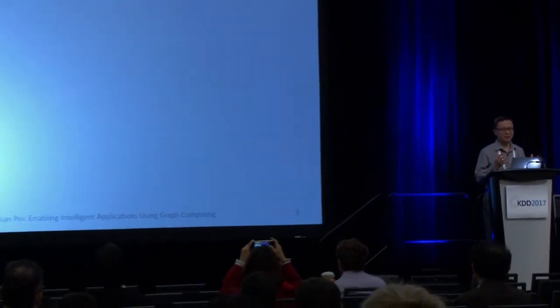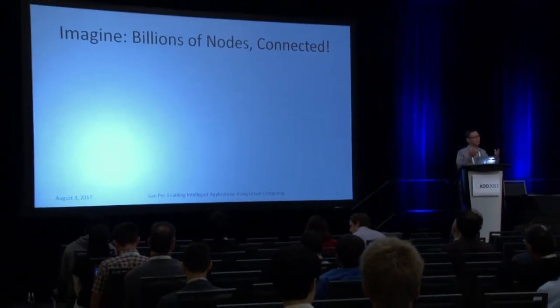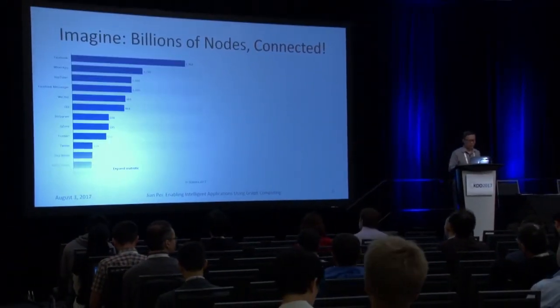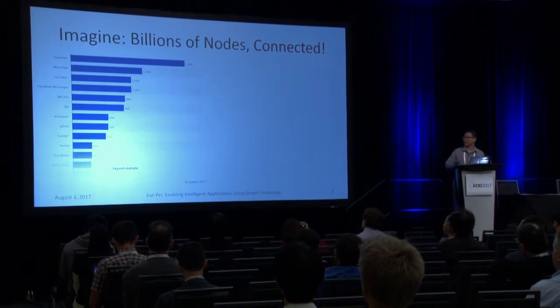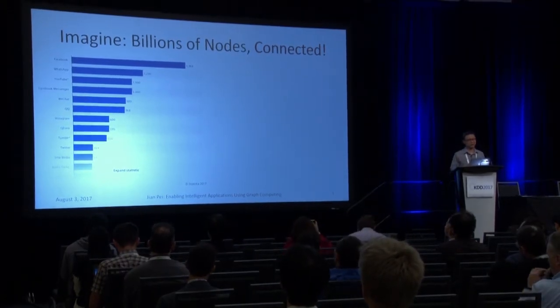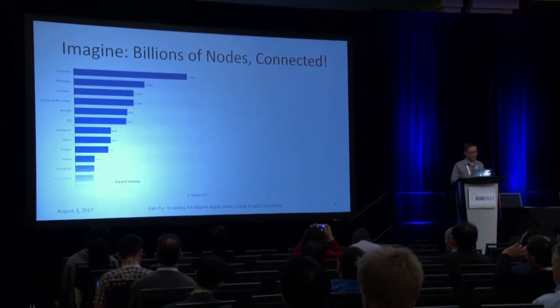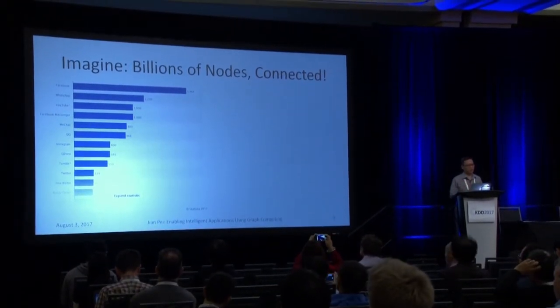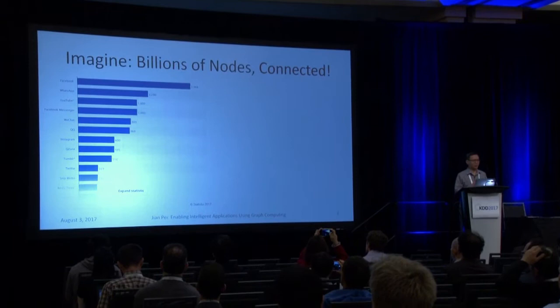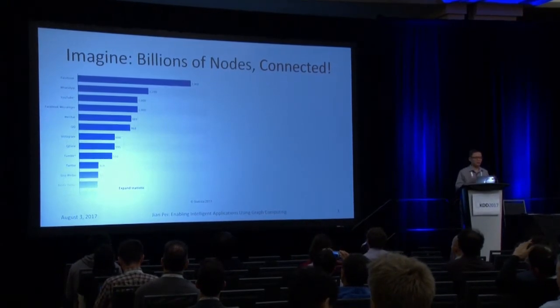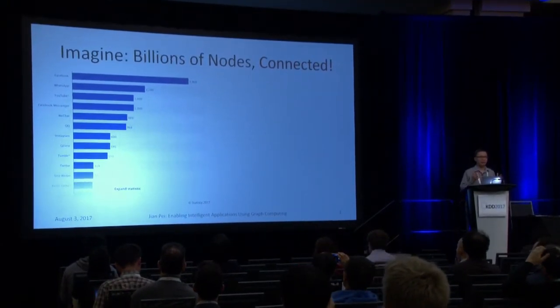So just imagine when you have billions of nodes, and they are connected. Well, we saw this in the past, like social media. So this is the size of different types of social media, okay? And we know they are large. But one question is, in this world, we have only several billion people.